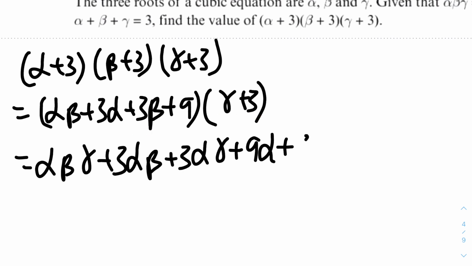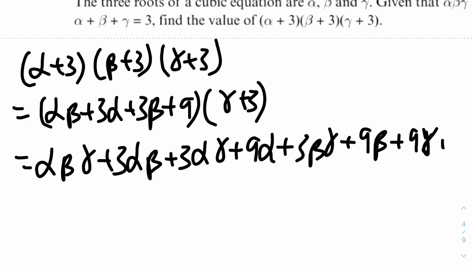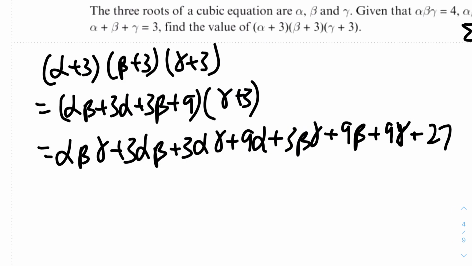it will be 3 beta gamma plus 9 beta, and move on to the next one. It will be plus 9 gamma plus 27. And therefore, let's rearrange it first.